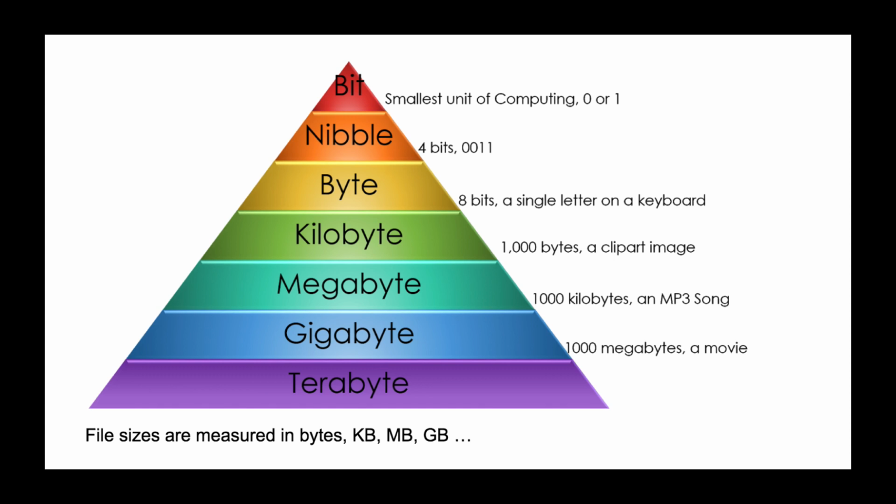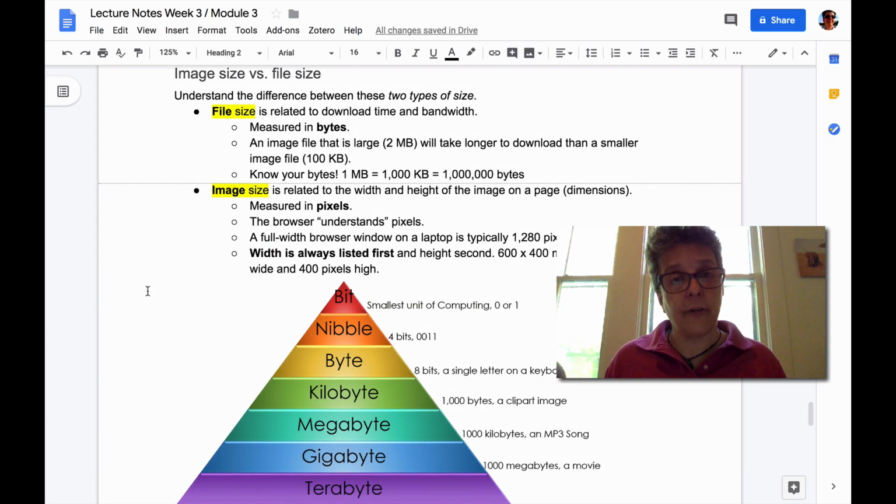Depending on if you took it with an iPhone 10, it might be 3 megabytes, right? So file size is how big is that file? How much space does it take up on a hard drive? How long does it take to download? Those things are affected by the file size.